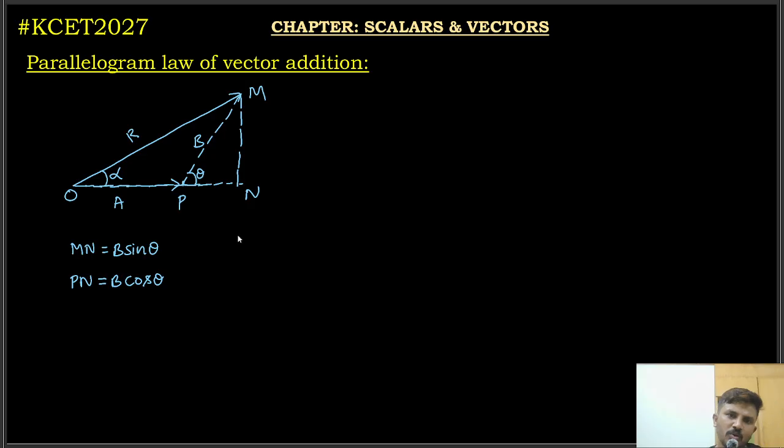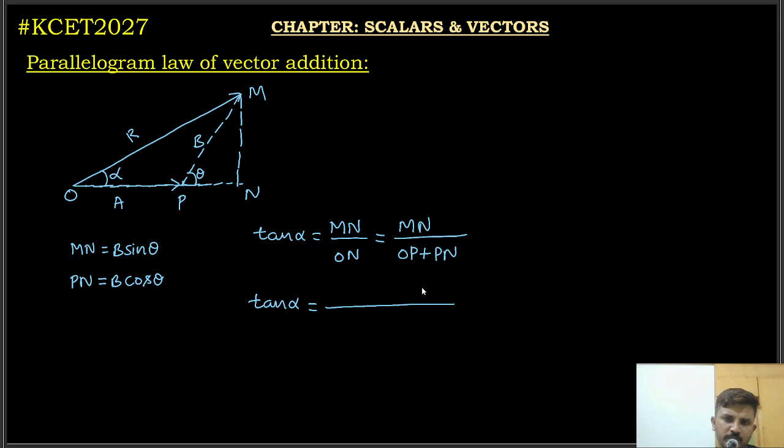So, what is tan alpha? Tan alpha is equal to opposite by adjacent. Opposite how much in this right angle triangle? MN divided by ON. Can I write it as MN as it is, and ON can be written as OP plus PN. Therefore, tan alpha is equal to, what is MN? MN is B sin theta.